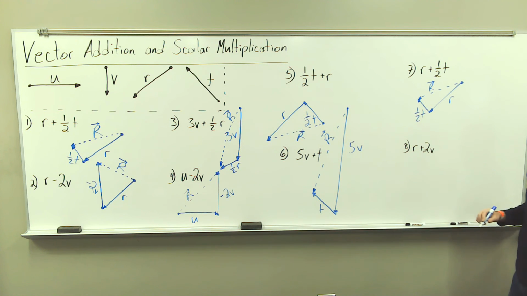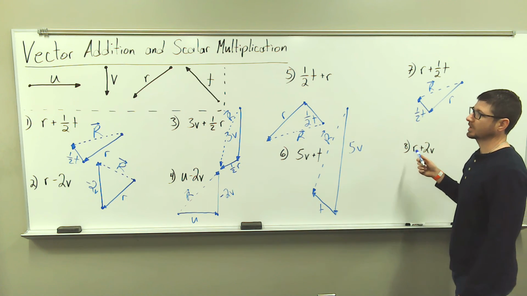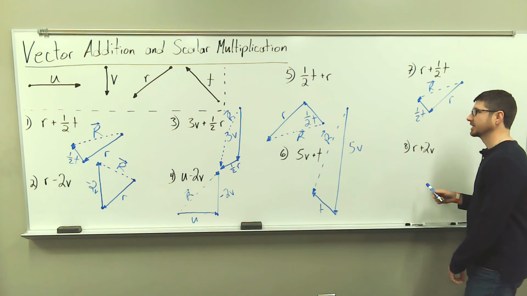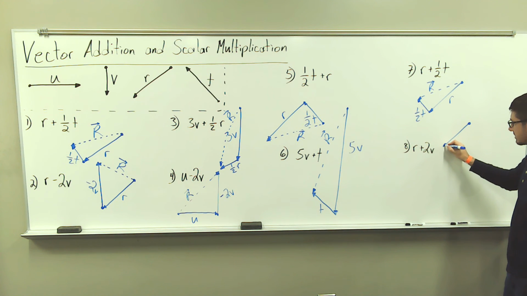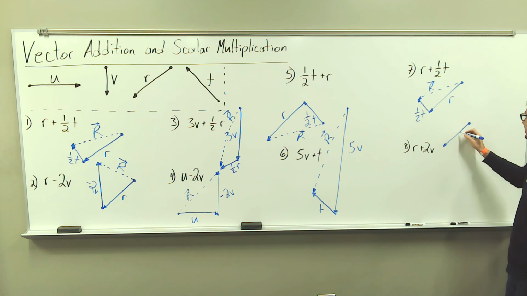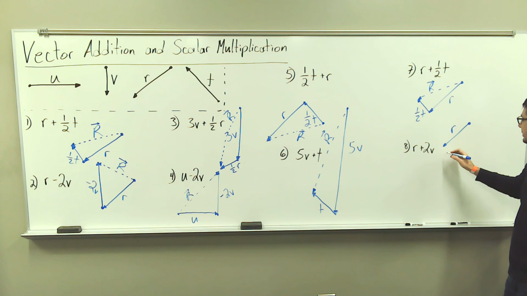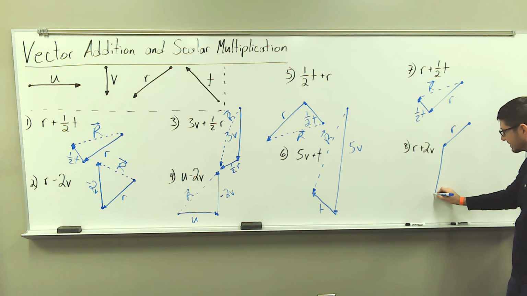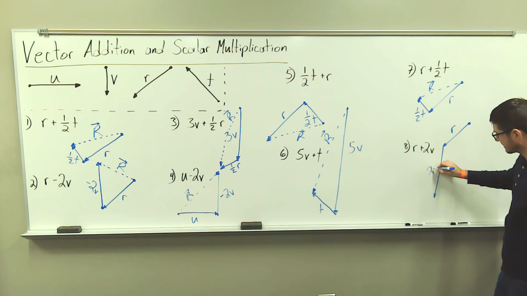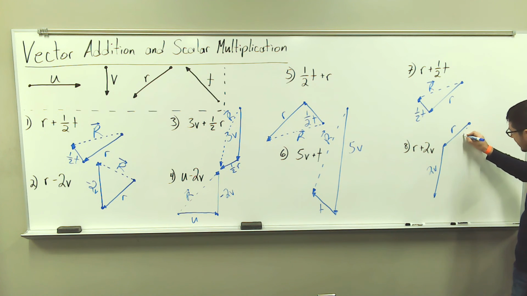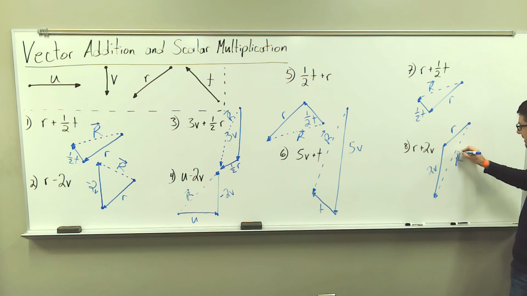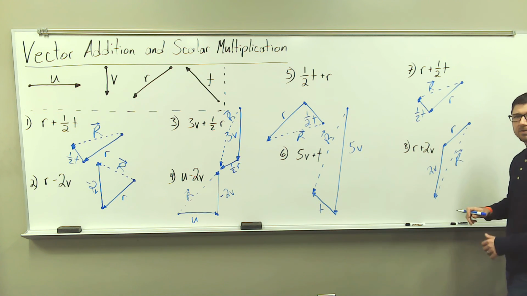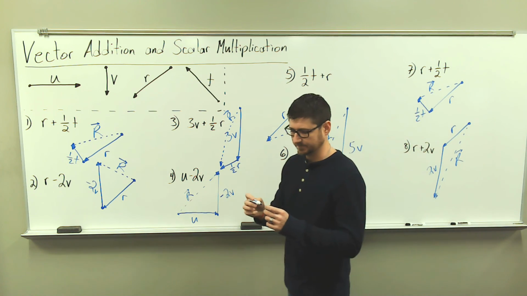And then number 8 is vector r plus twice the magnitude of v. So vector r plus 2v, so twice the magnitude of vector v. And then our resultant needs to be drawn, and capital R with the arrow over it showing vector notation.